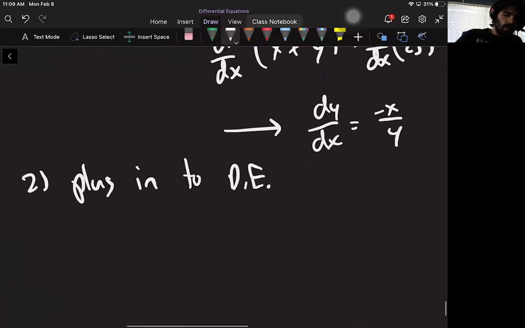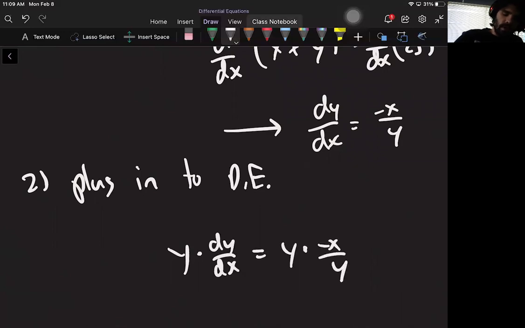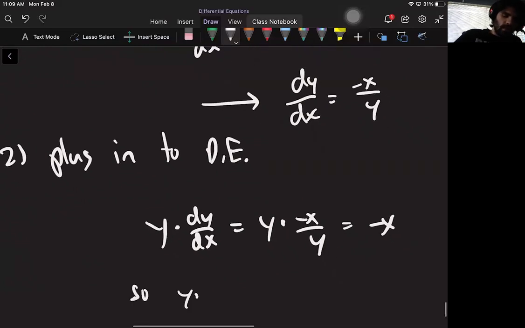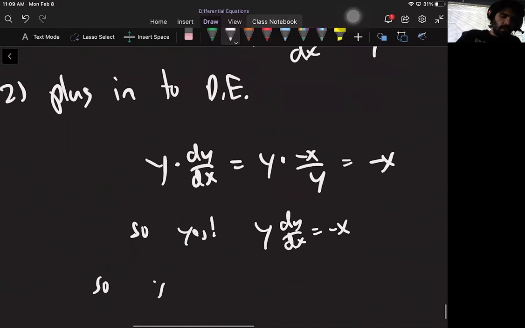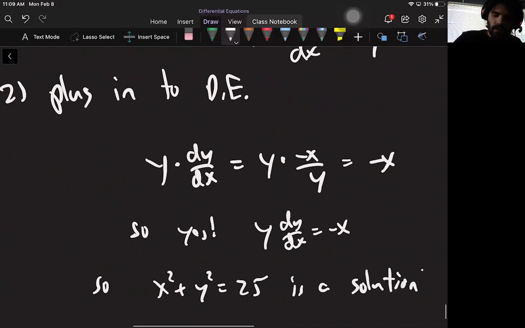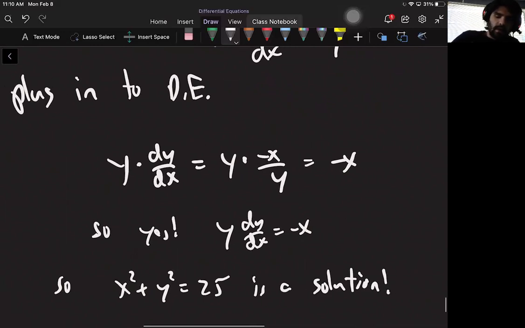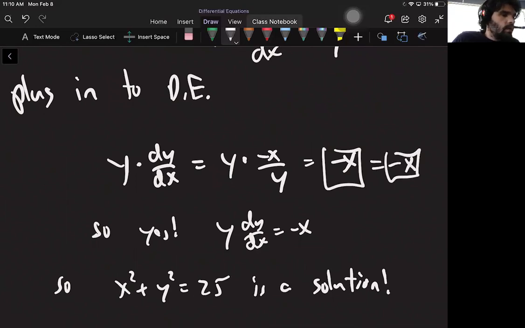Okay, so y times dy dx becomes y times negative x over y. The y's will cancel and I get negative x. So yes, that's what I wanted to get. So this thing is a solution because it worked. I got negative x equals negative x. The same thing on both sides. Great.